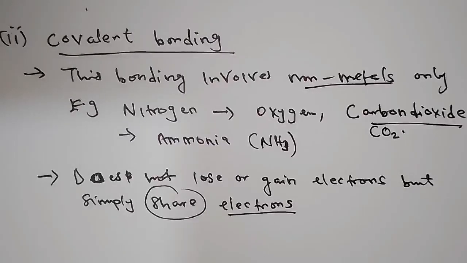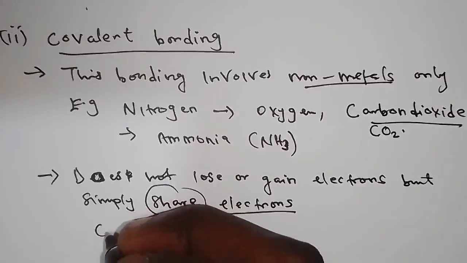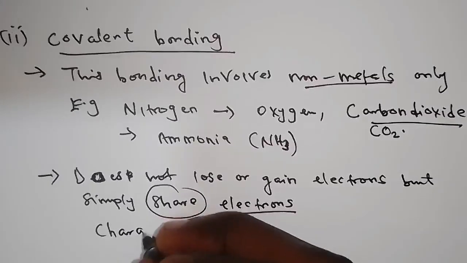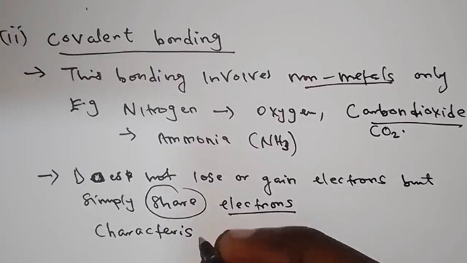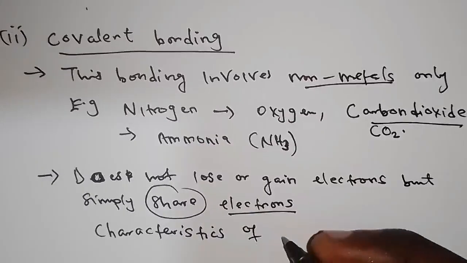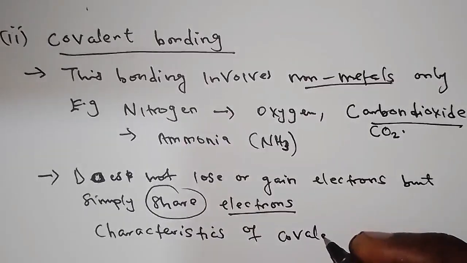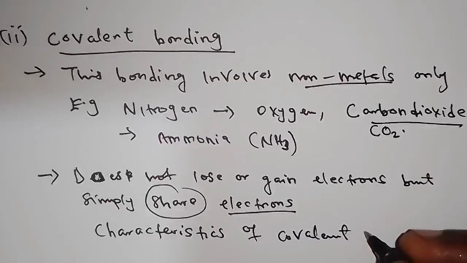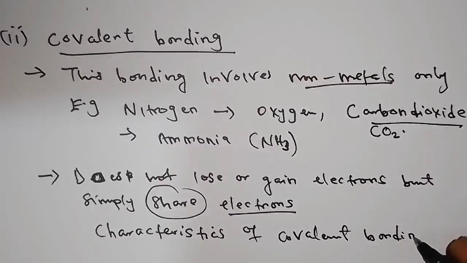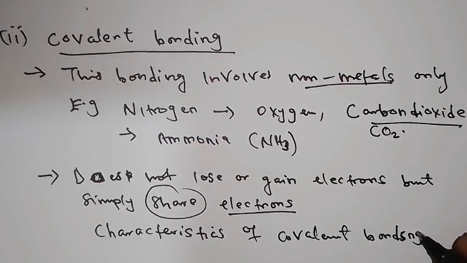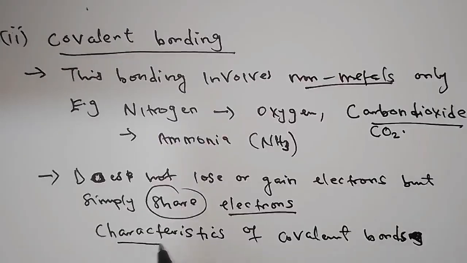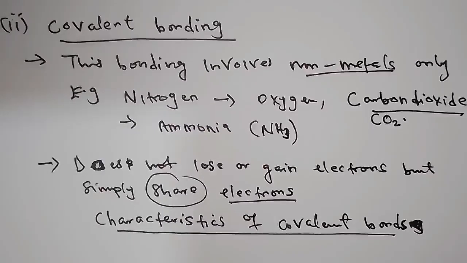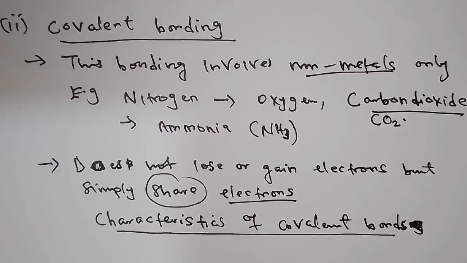Okay. So now, what are some of the characteristics of covalent bonds or compounds? Since we know that bonding forms compounds, the characteristics of this kind of bond in these nonmetals.